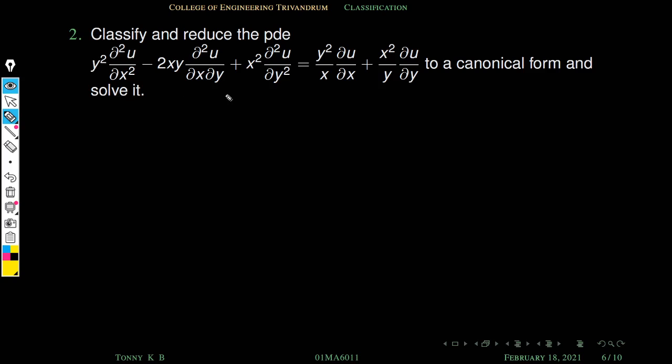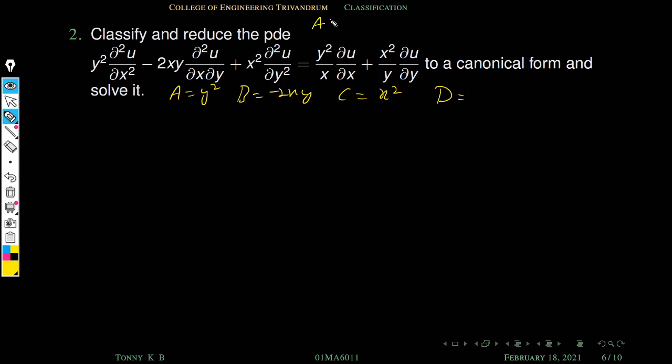So what is A? Here A is y square, B is minus 2xy and C is x square. What about D? Comparing with the standard form. What is our standard form?